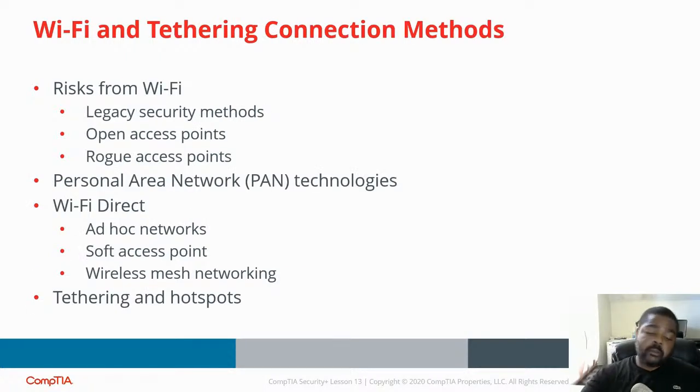So the next thing I want you guys to think about when it comes to mobile devices is, how do we actually connect, right? Are we using telephone connections? When I say telephone connections, I mean, are we using the actual phone carrier's connection to communicate on the network? Or are we using some type of Wi-Fi signal? Those are two different networks that we could be connected to.